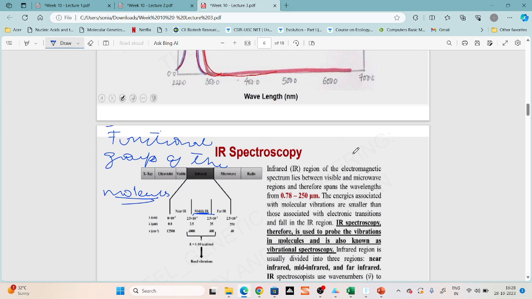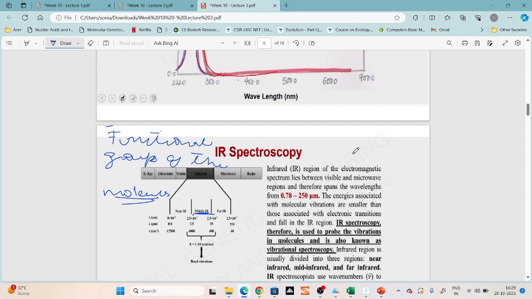The base framework can be different, but the infrared spectrum of the functional group will not differ on the basis of the base structure to which it is attached. Because this is a very unique property of functional groups, you can identify functional groups. Otherwise, you could not identify functional groups.